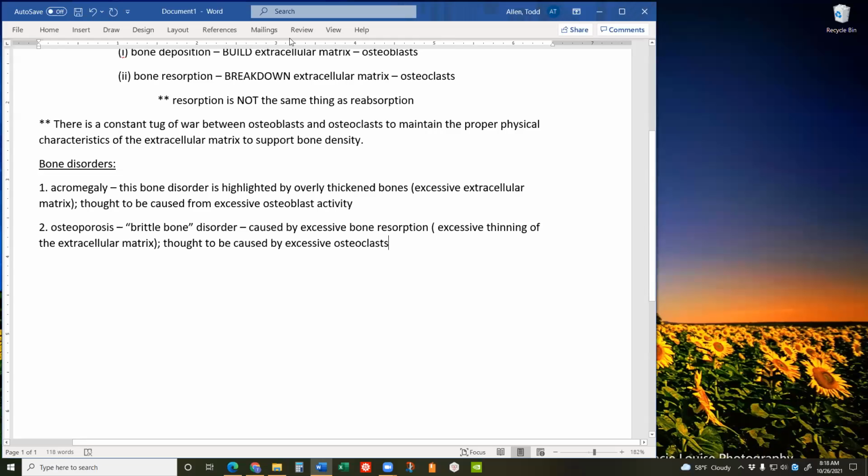Let me just ask a question in the chat window. Do you know anyone with either acromegaly or osteoporosis? I would say it's probably more common that you might know someone with osteoporosis.